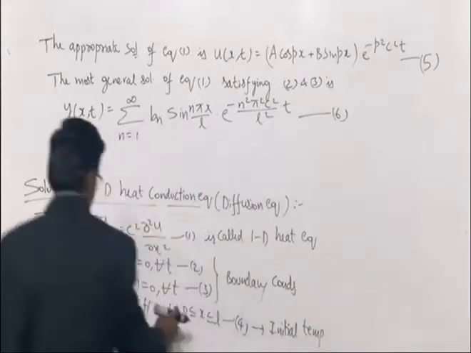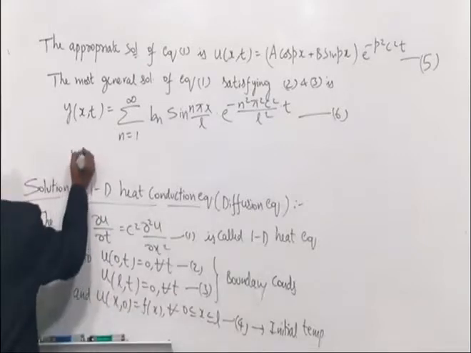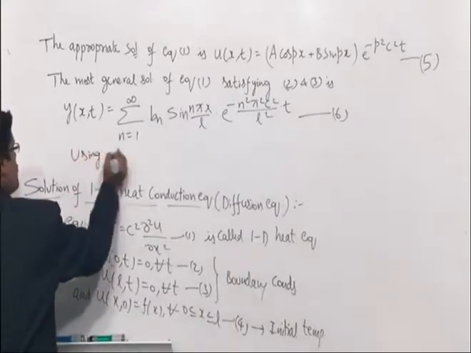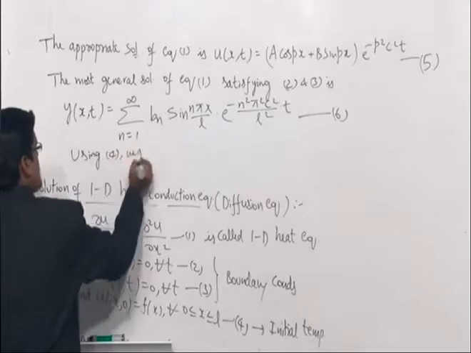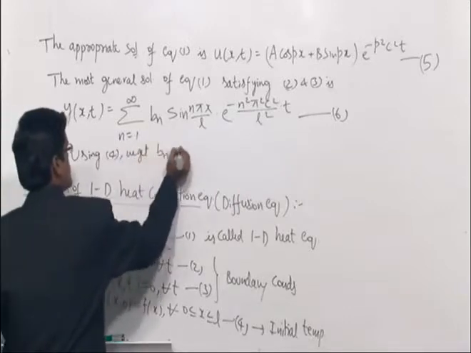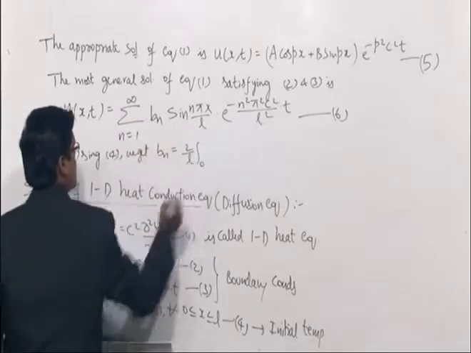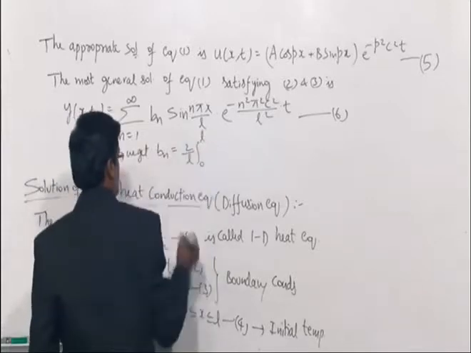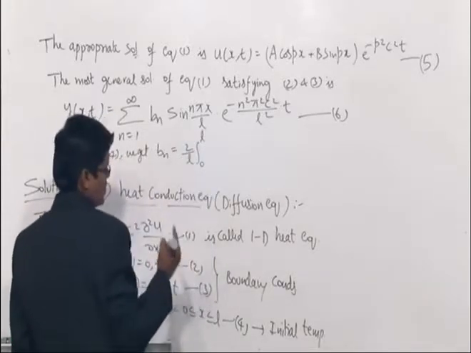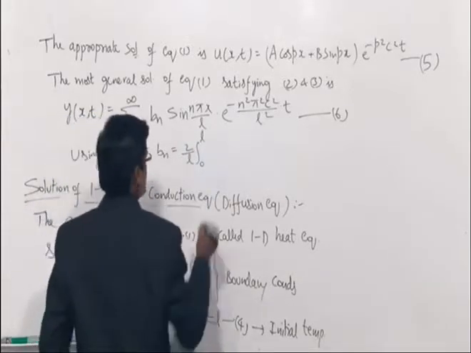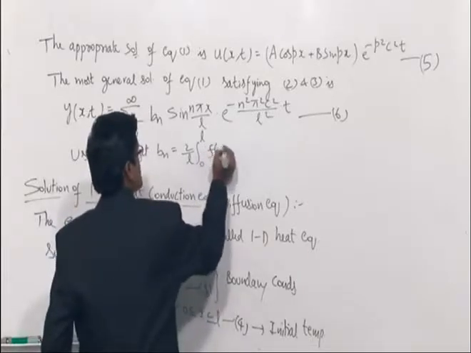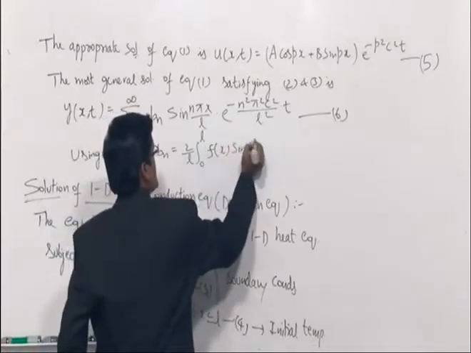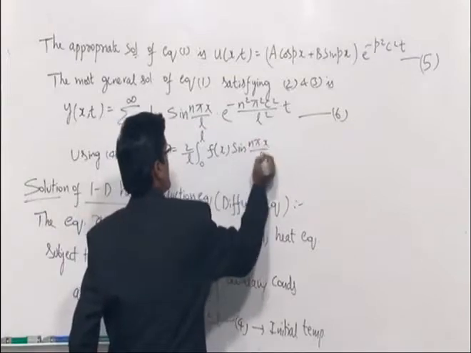So what is the condition left here? To use the fourth condition. Using condition 4, we get this Bn value is equal to 2 by L, a half range sine series. That is, in these topics Bn, An, Cn and Dn, all values came by Fourier series only. Bn is 2 by L integral 0 to L f of x sin n pi x by L dx.